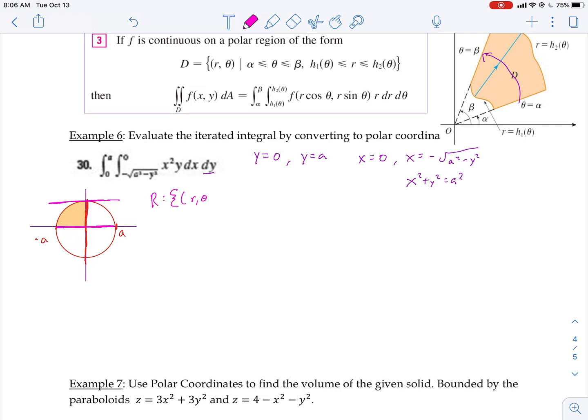So our region is going to be, for r and theta, our radius is 0 to a, because that's the length of our radius. And then our theta is going to be from, looks like, pi over 2 to pi.